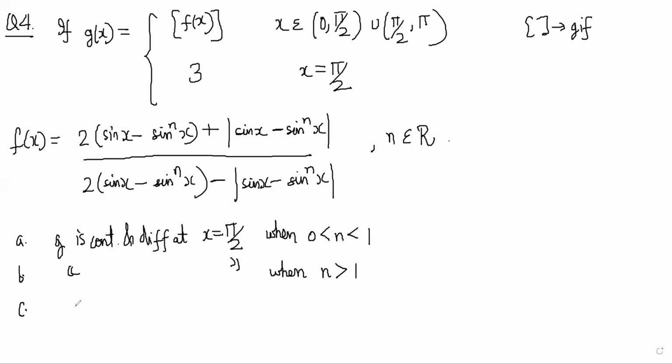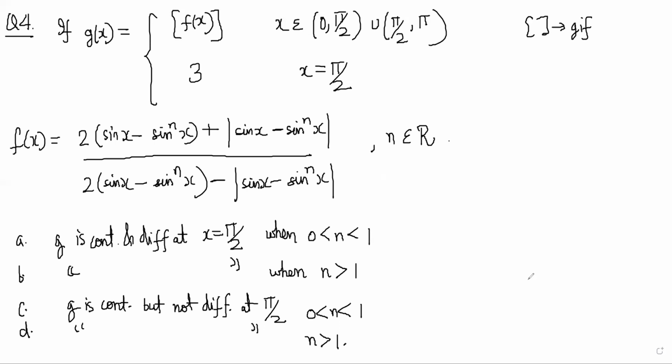C option is g is continuous but not differentiable at pi by 2 when 0 is less than n is less than 1, and D option is the same statement as C option but when n is greater than 1.